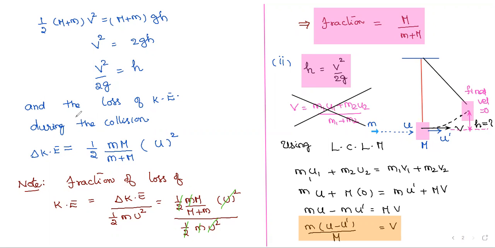Simple. That's why I explained with another method here, the law of conservation of energy. If the loss of kinetic energy is more, kinetic energy is transformed into potential energy and it will rise more.